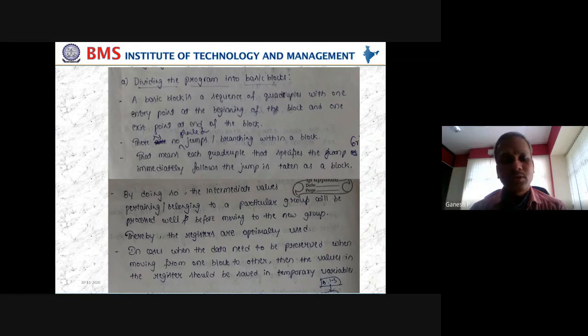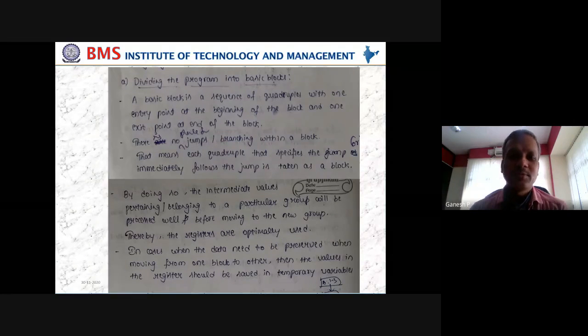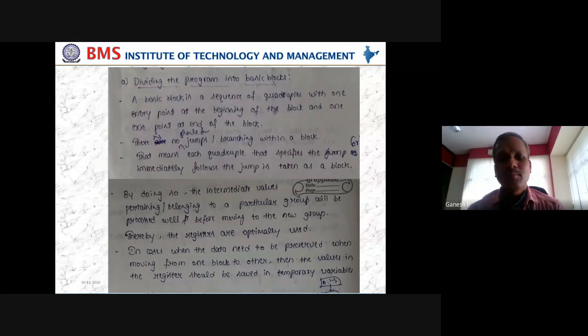Whenever you are going to group certain things, obviously, even in our own programming language, we put some group of instructions wherever there is some link or some relation. Otherwise we will not be doing that. The same process: a block in the quadruple grouping will also have a starting point and an ending point. And no group will involve loops.